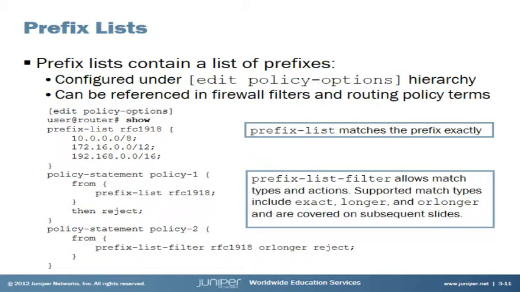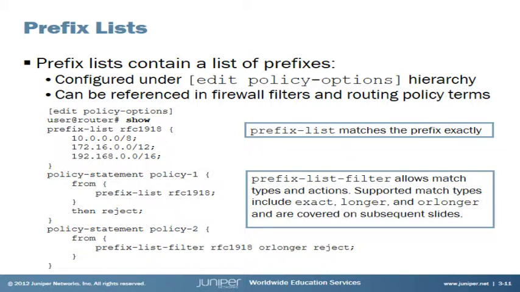Then we have a policy. So we've got this prefix list here, and now I am going to reference that list in my policy statement. So I'm going from, which is the matching criteria, prefix list RFC 1918, then reject. So in other words, if I get any routes from any of those networks, I will not be accepting them in my routing table.